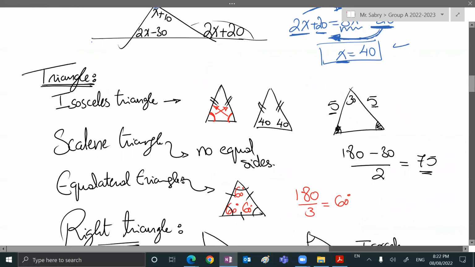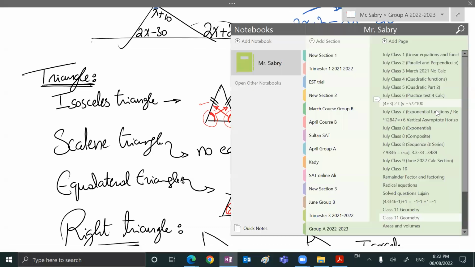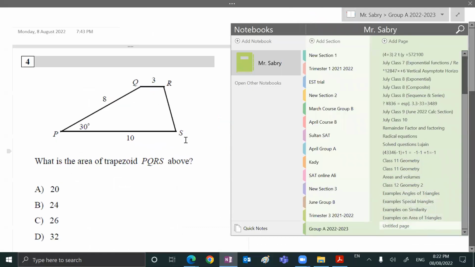The whole thing about it is that whenever we have two angles that are equal, this means that the two sides in front of them are equal as well. So either the sides are equal and I'll know right away that the angles are equal too, or the other way around: they'll tell me that the angles are equal, and I'll deduce that the sides are equal as well.